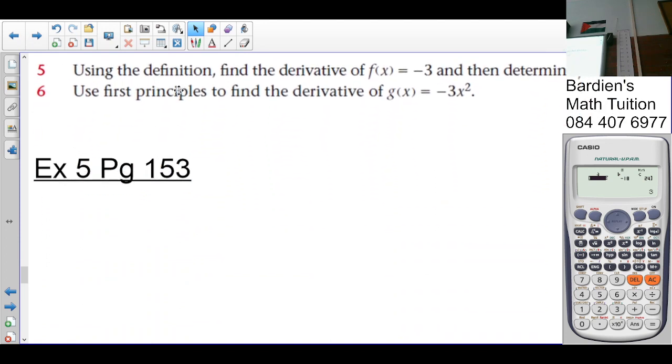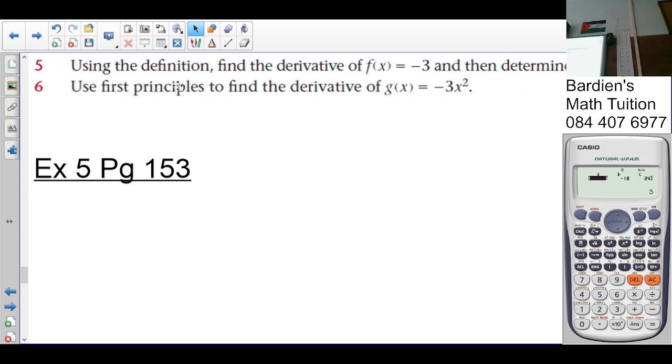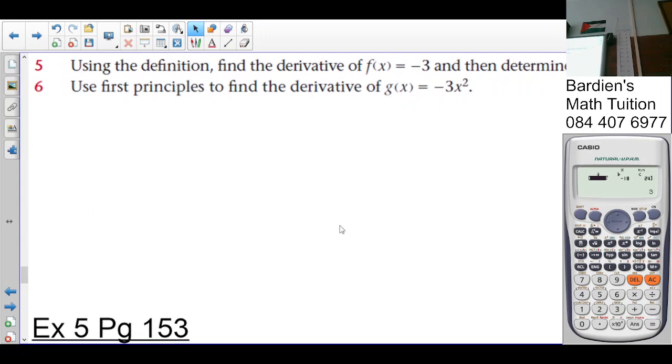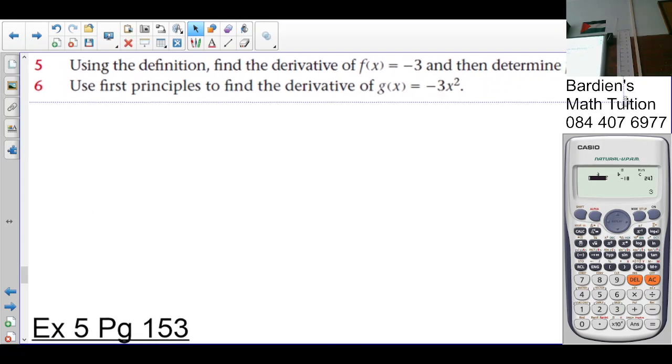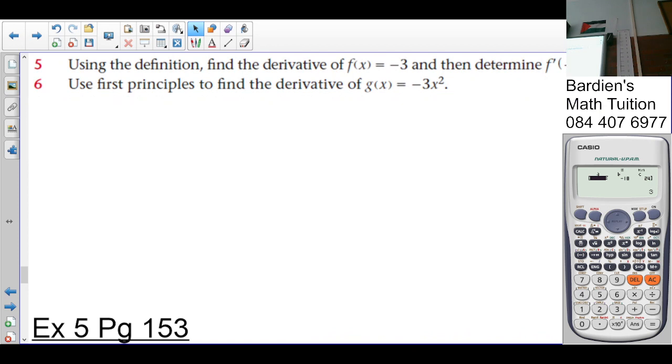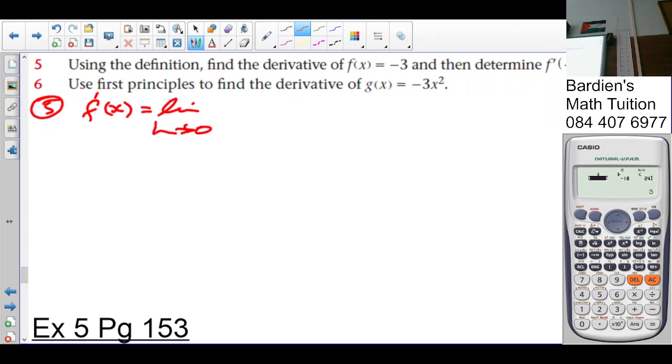Using definition, as we said, definition is the same as saying by rules. So again, let's look at number 5. You've got f of x, so f prime x is equal to the limit as h approaches 0 of f of x plus h minus f of x all over h. So what is f of x?